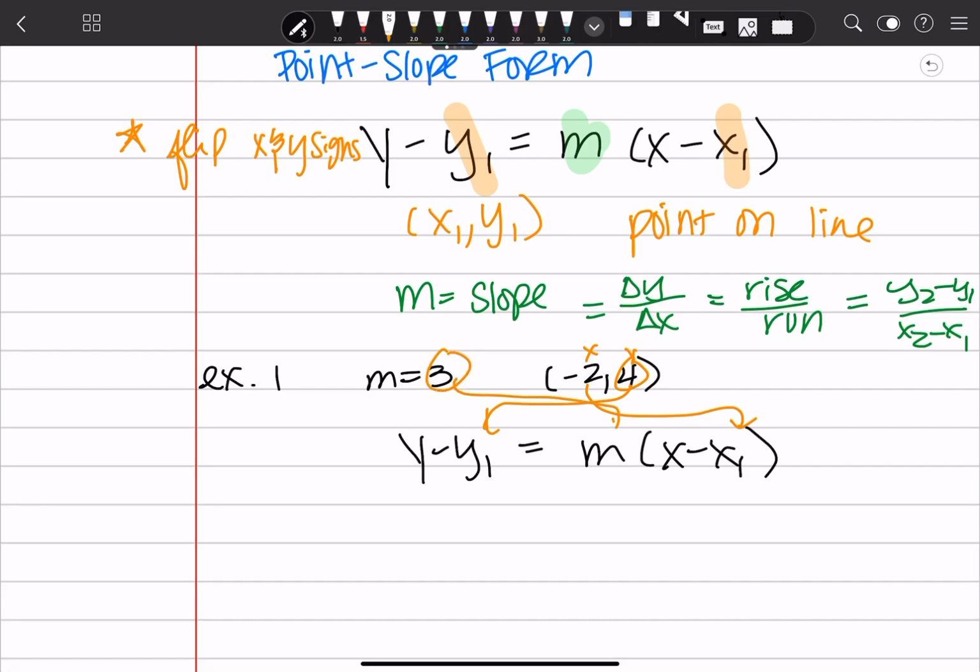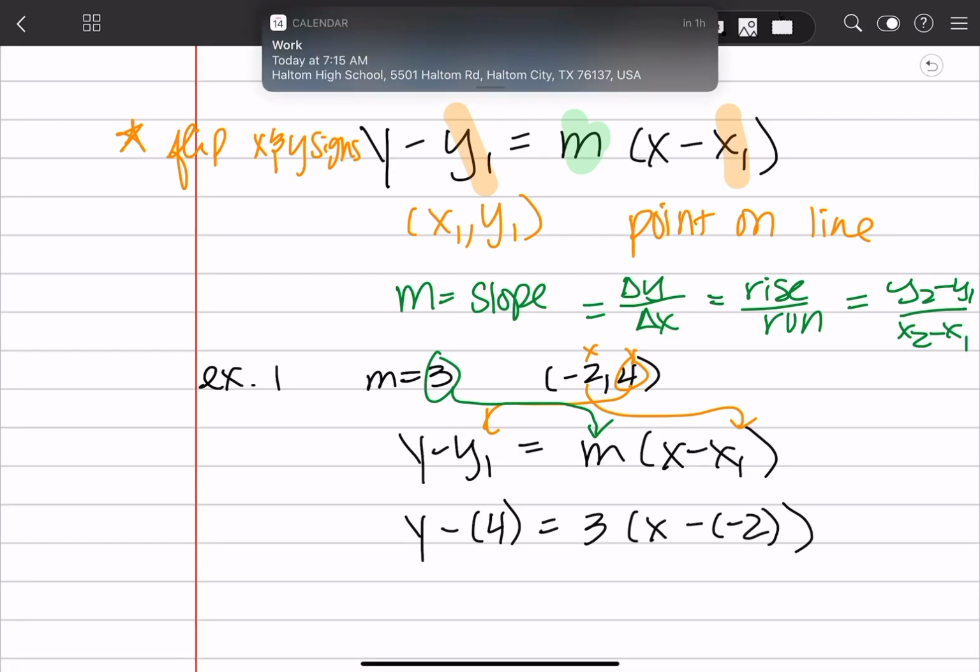And your slope, drop it in. So all you have to do is rewrite it. So we're going to do y minus 4 equals 3 times x minus a -2, close your parentheses.